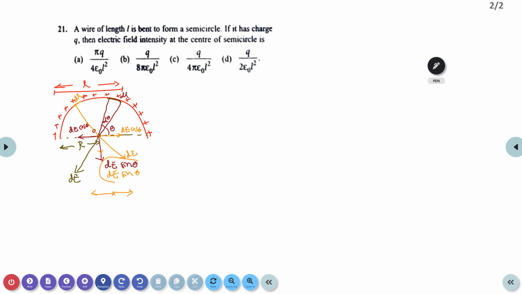Only the sin component will contribute for this, because d cos theta gets cancelled for each element due to a mirror element.